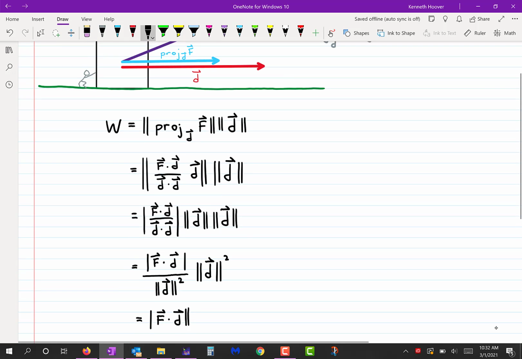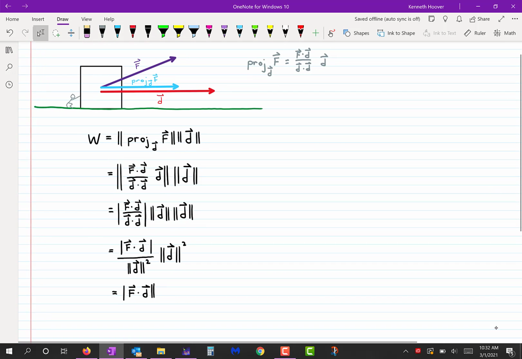I will tell you, this is not the complete story. Whoops, sorry. I wrote the magnitude symbol when it should have been absolute value, because F dot D is a scalar, not a vector.